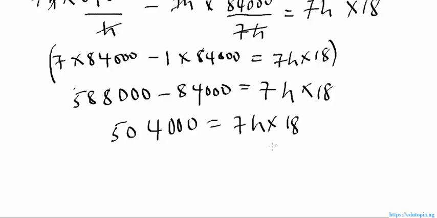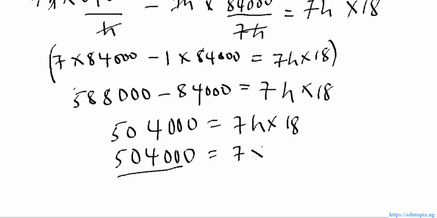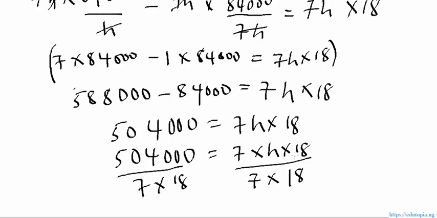Now we divide by 7 times 18 so as to have H standing on its own. So 504,000 is equal to 7 times H times 18. Now I divide by 7 times 18 on both sides, and this one goes off.